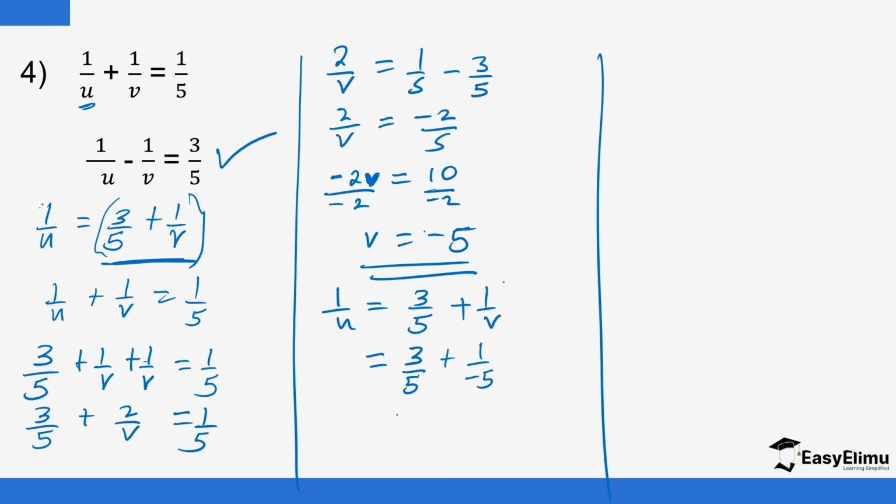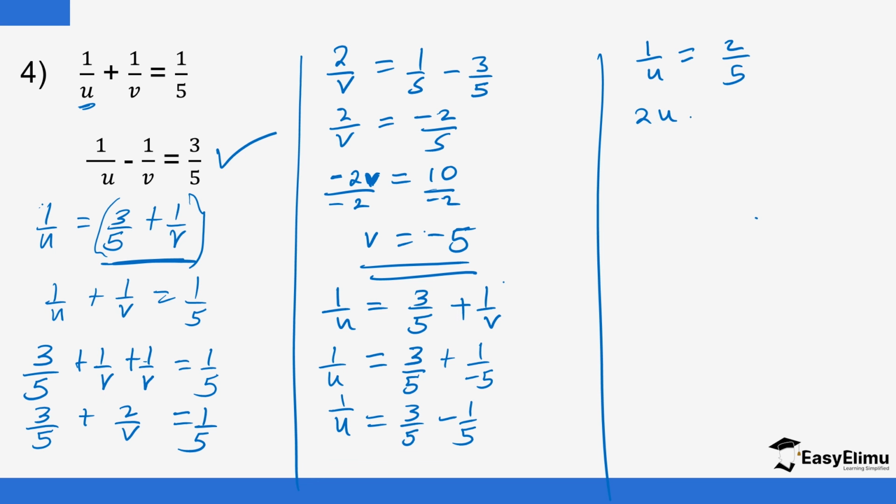This is just the same as negative 1 over 5. So 3 over 5 minus 1 over 5. All this is 1 over u. So 1 over u should be equal to what? The LCM is still 5, so you just subtract the numerators, 2 over 5.